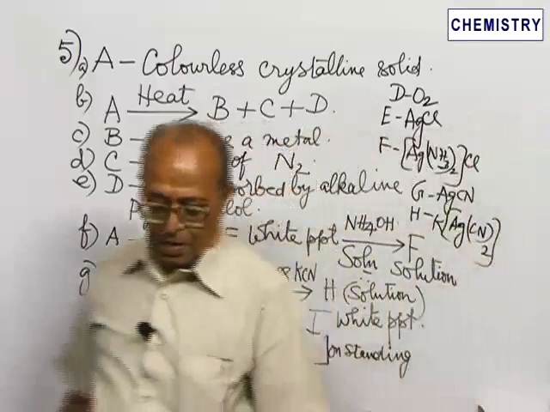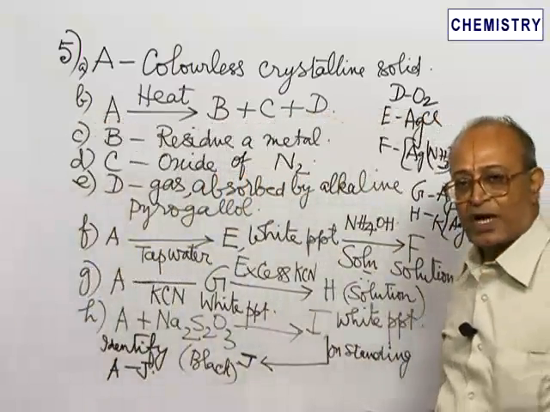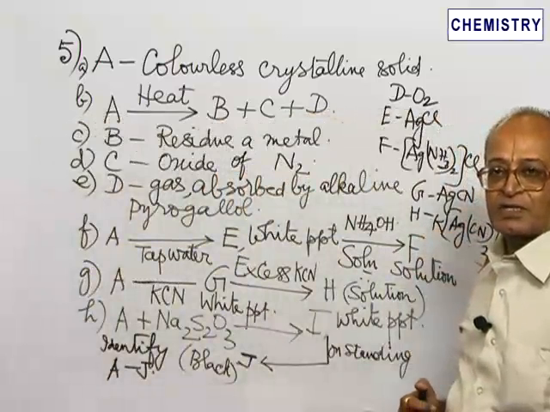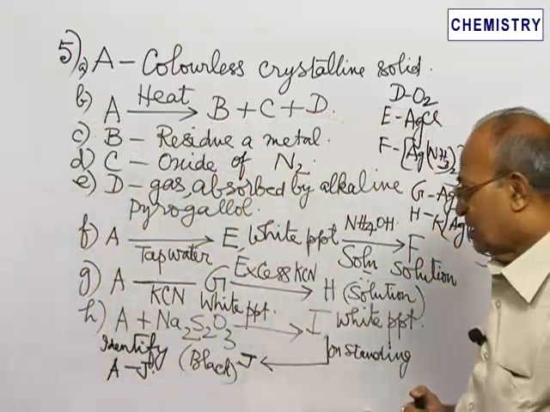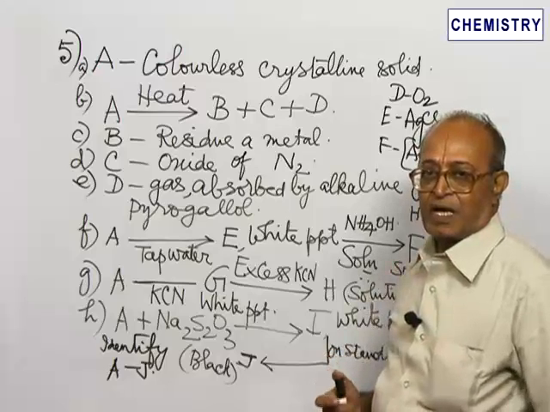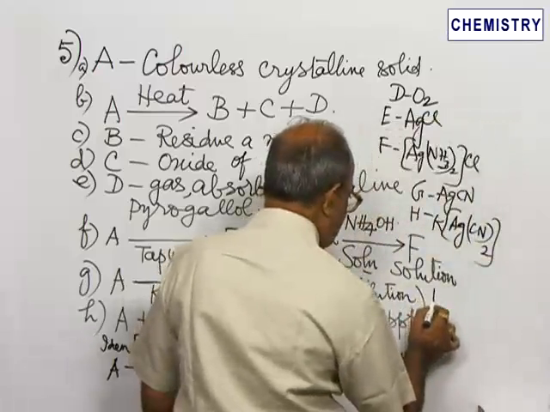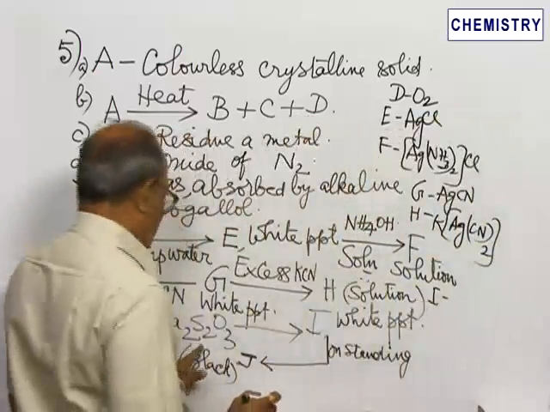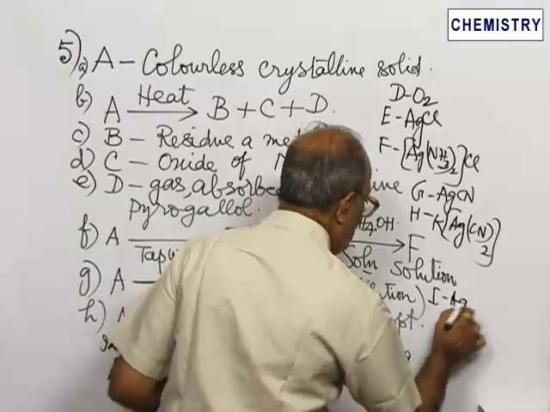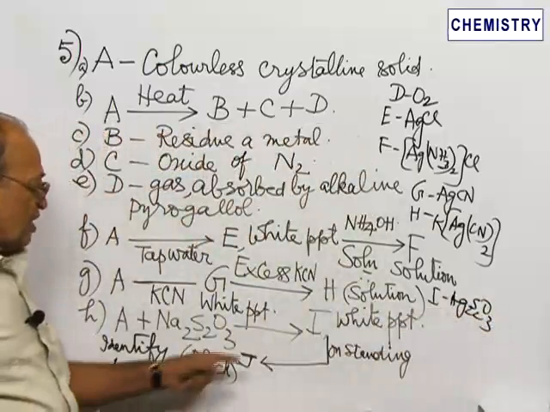In the last discussion, I mentioned one reaction which is known as play of colors. Play of colors is a characteristic test for thiosulfate. But here we find this I is Ag2S2O3, silver thiosulfate.